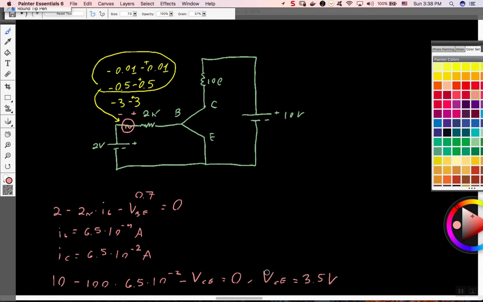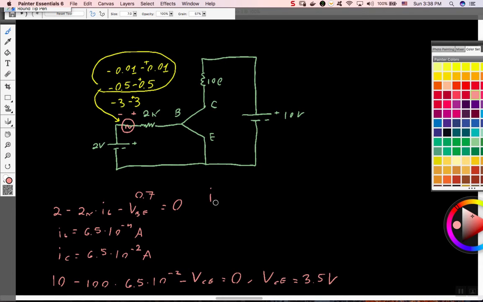We saw it in one of the first videos. So now these are the large signal values. We can call this large signal value also known as the quiescent point.